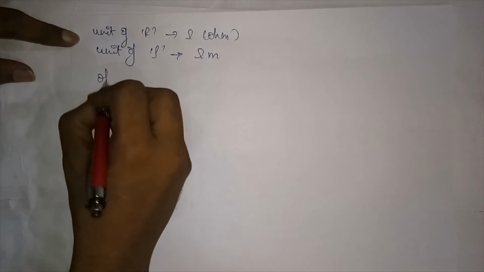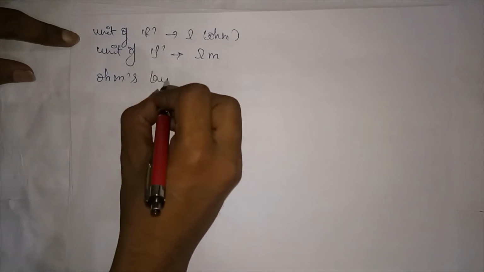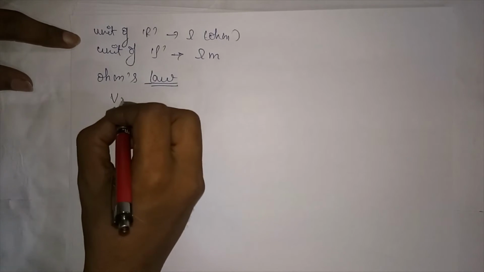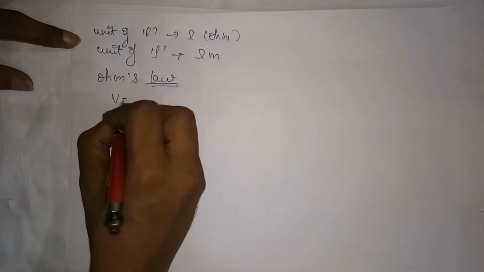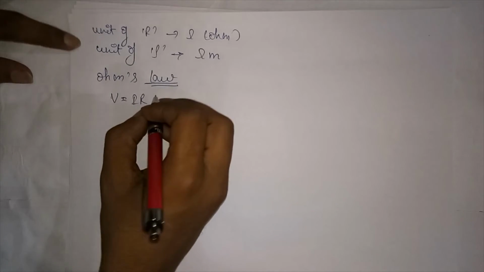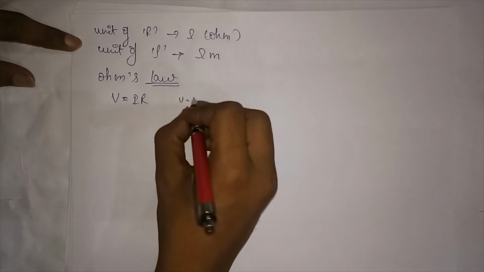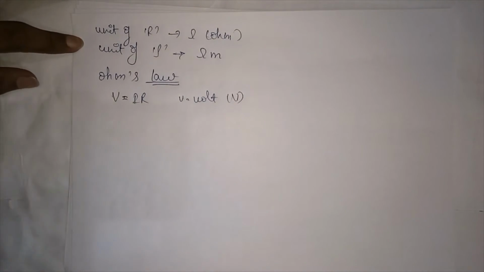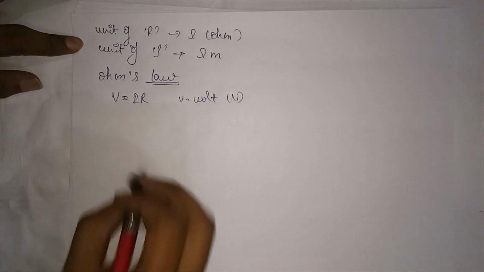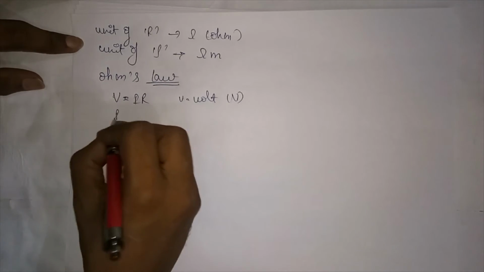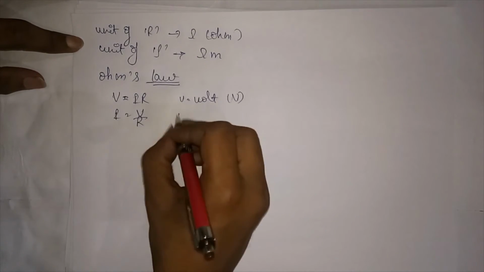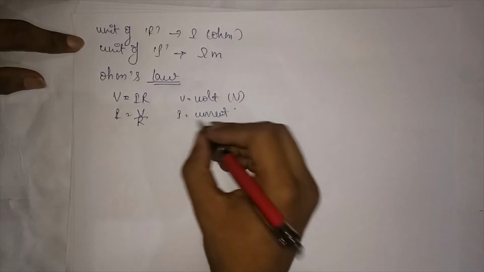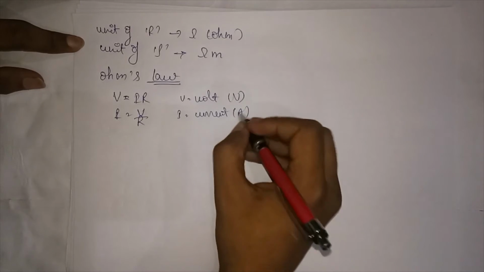Okay, now Ohm's law. So Ohm's law is V is equal to IR, where V is volt and its symbol is V. And moving forward, I is equal to V upon R, where I is current, its symbol is I and unit is ampere.